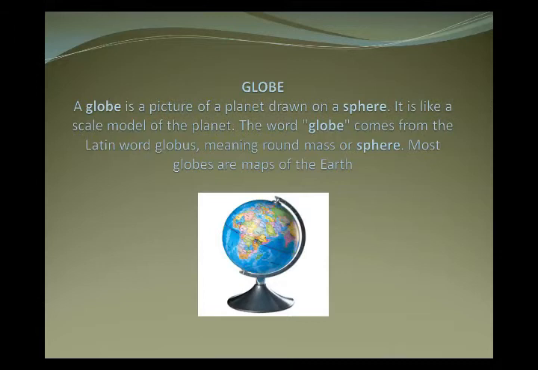On the globe there are blue and brown colors, the blue area showing seas and oceans, and the brown area is the dry place, land.